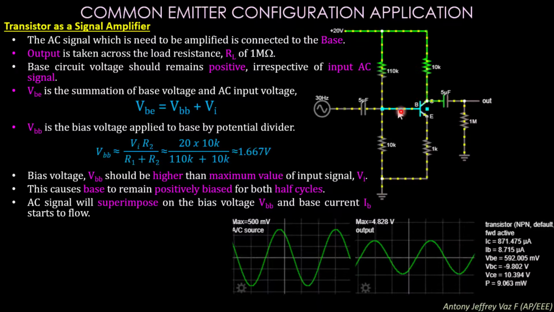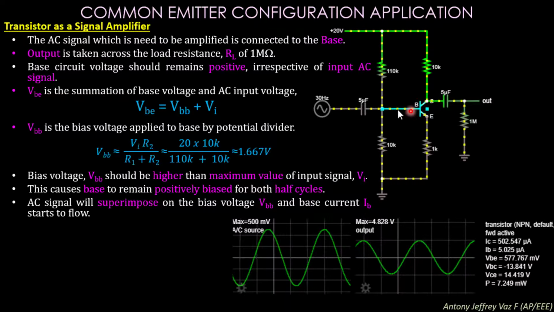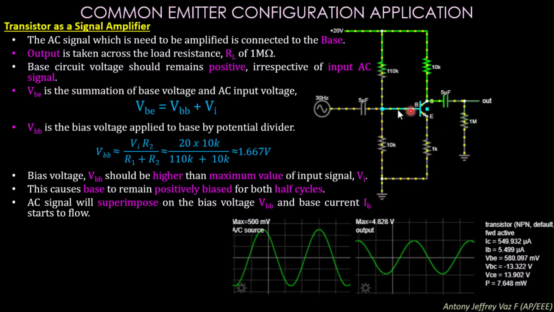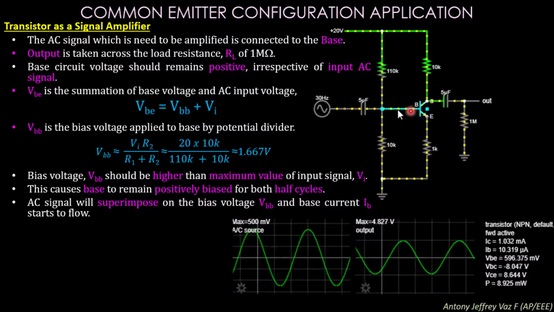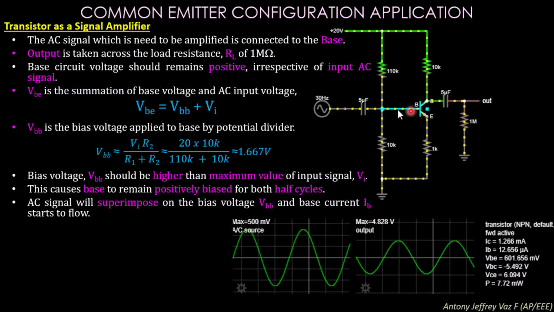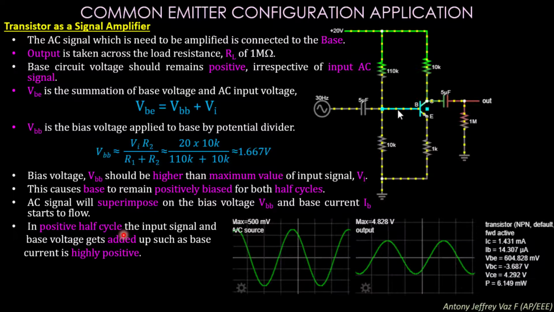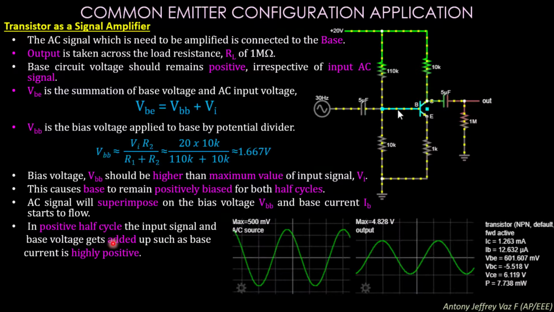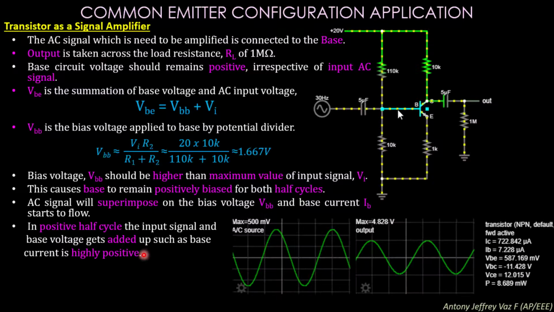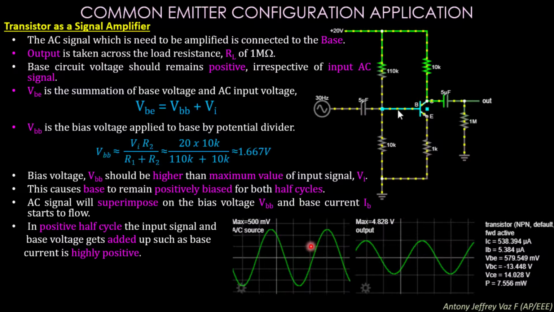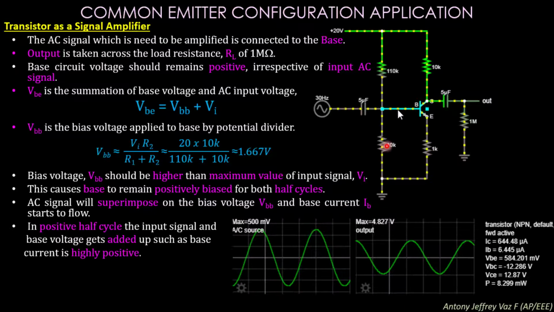So this causes the transistor to be always forward biased, and the base current which is applied into the base of the transistor is also positive in nature but changes alternatingly. In the positive half cycle, the input signal and the base voltage get added up, such that the base current is highly positive.